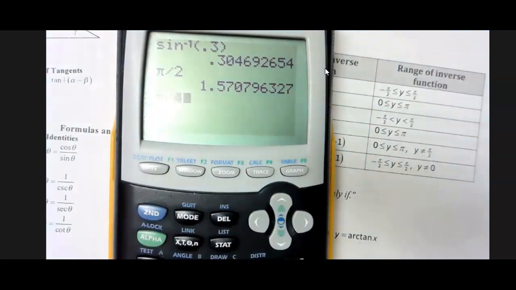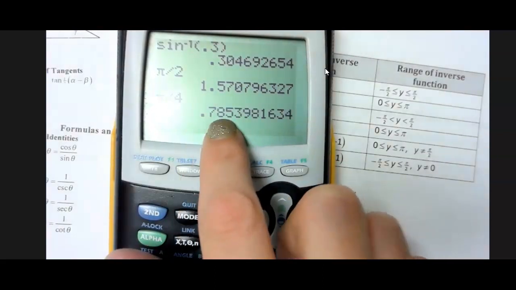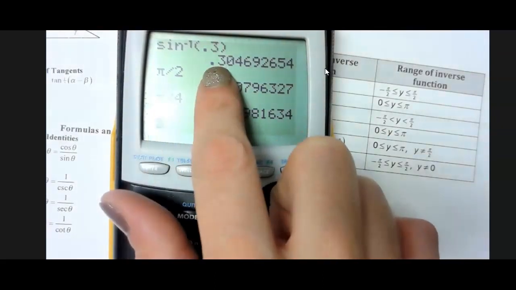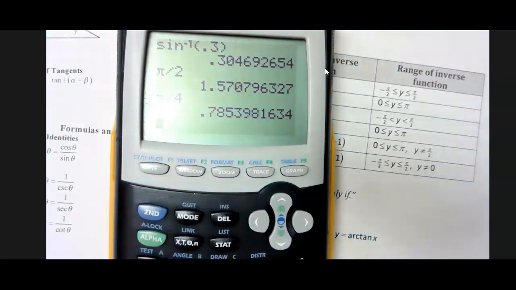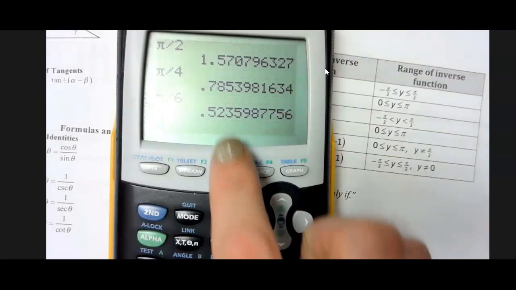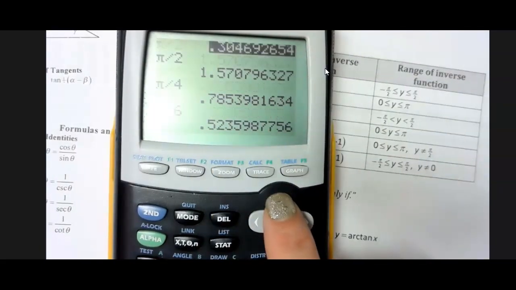And just in case you didn't know, pi fourths is 0.78. So this is smaller than pi fourths, but greater, well, better not say that too quickly. Yeah, it's actually even smaller than pi sixths.